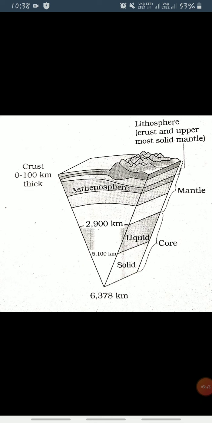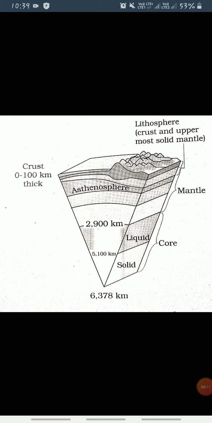Clear? Now come to the next layer, which is the core. The earthquake wave velocities helped in understanding the existence of the core of the earth. We already discussed this in our earthquake topic. The core-mantle boundary is located at the depth of 2900 kilometers. The outer core is in liquid state while the inner core is in solid state.